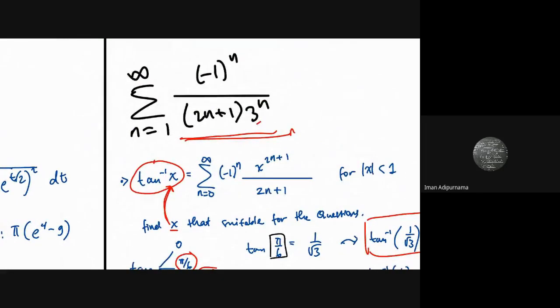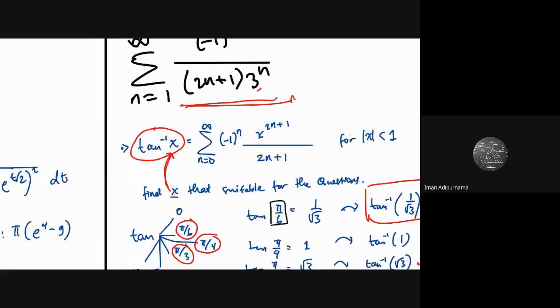The clue is the 2n plus 1 here. So it's nothing to do with factorial, right? So we will skip the sine and cosine, right? So 2n plus 1 is exclusively for the tangent inverse here.